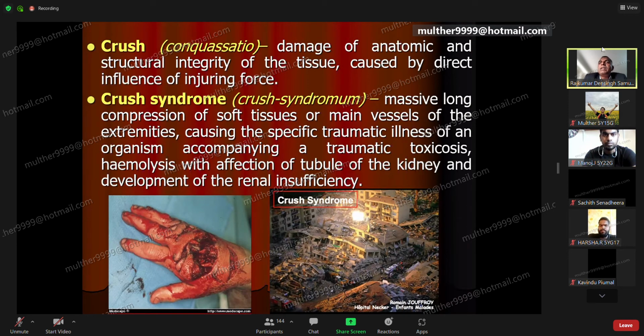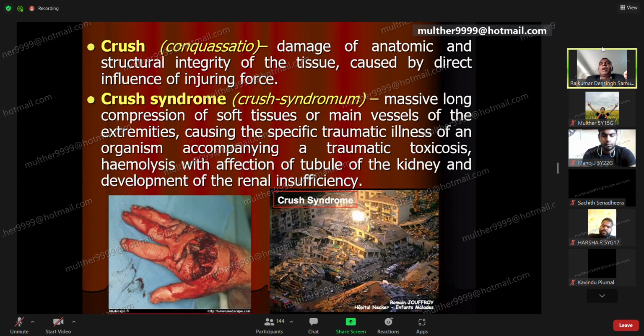A simple example to explain a bruise: if you have a bruised muscle, somebody punched the muscle, and you took the muscle and examined it under the microscope, what you'll be seeing is muscle fiber with a little bit of blood surrounding the muscle fiber.